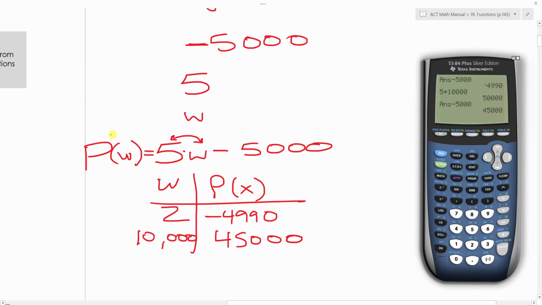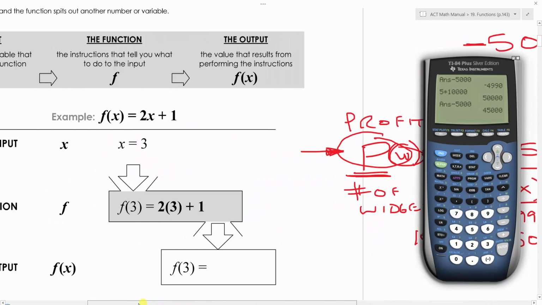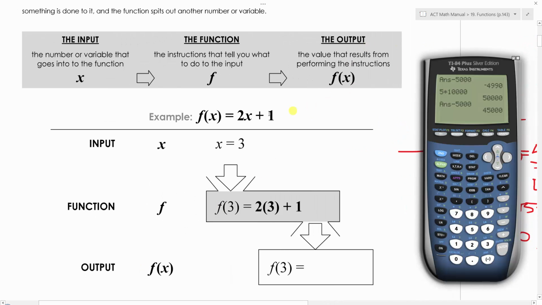In this case, we have the relationship between P, which is profit, and W, which is number of widgets, and this function equation right here is telling me that my profit is a function of, or depends on, how many widgets I sell, and I can find out what my profit is going to be by simply plugging the number of widgets that I sell into this equation, and I will get my profit. So that's a little bit of background on what functions are and what functions do.